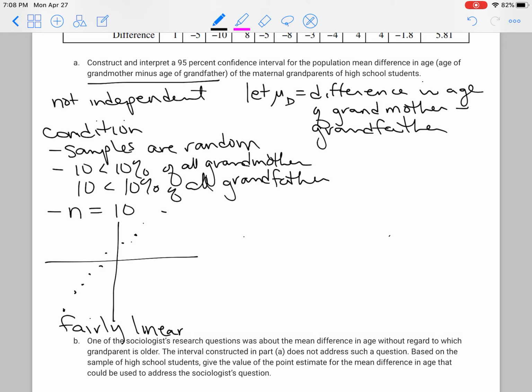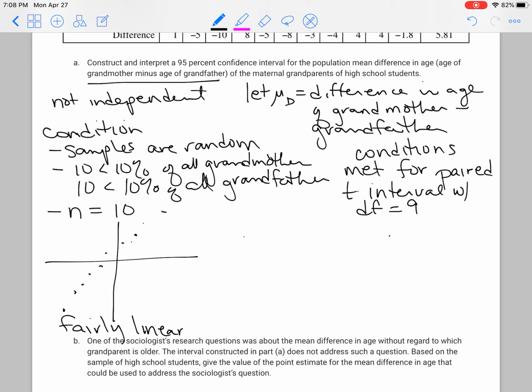So conditions are met for a paired t interval with degrees of freedom equal to 9.